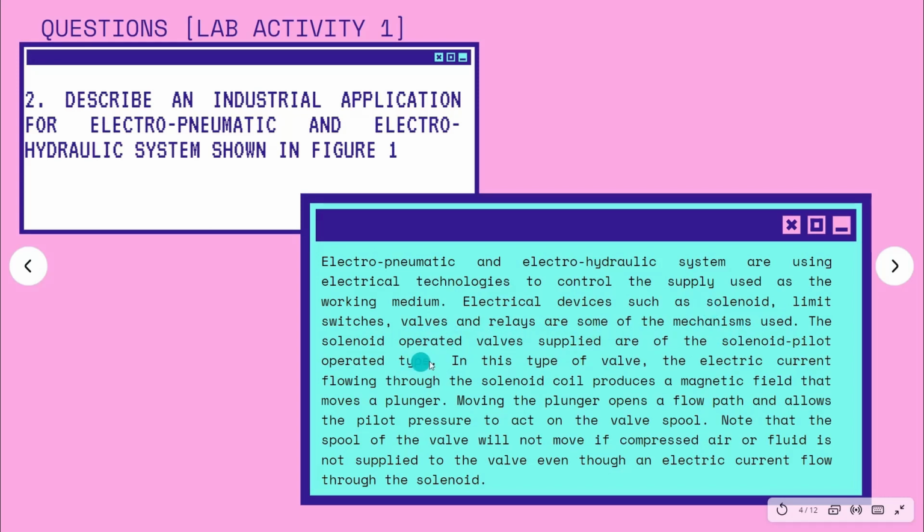The solenoid operated valve supplied is one of the solenoid pilot operated type. In this type of valve, the electric current flowing through the solenoid coil produces a magnetic field that moves a plunger. Moving the plunger opens a flow path and allows the pilot pressure to act on the valve spool. Note that the spool of the valve will not move if compressed air or fluid is not supplied to the valve, even though an electric current flows through the solenoid.